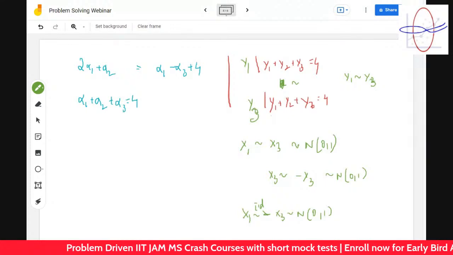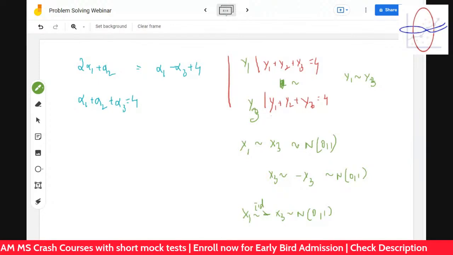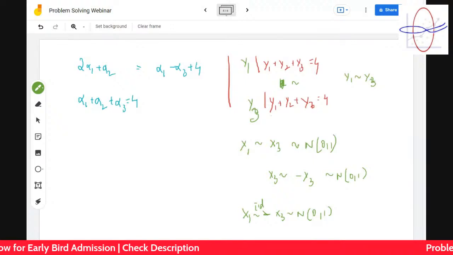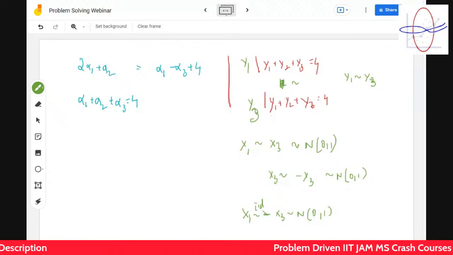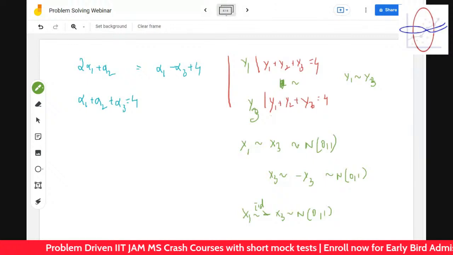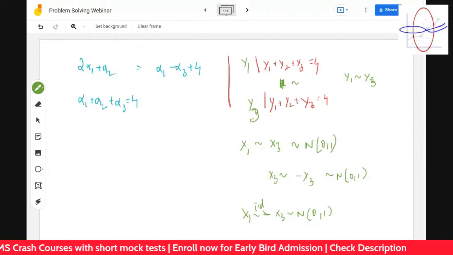So y1 given the same event space and y3 given the same event space, given the data that they are IID. y1 and y3 are IID. Why? Because y1 is x1 and y3 is minus x3.